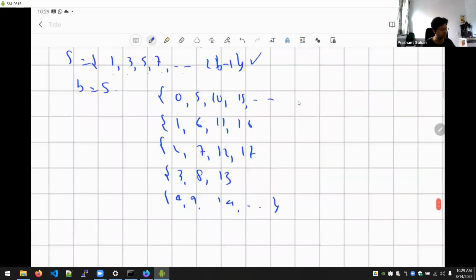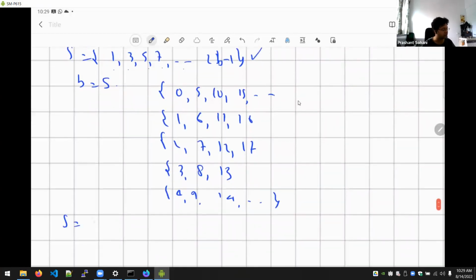So in the question that was asked in the practice test, the set S would be the set of all odd numbers between 0 and 10. So the numbers are 1, 3, 5, 7, 9. And you see that all of these numbers are exactly like what I described earlier. They're all coming from different equivalence classes.